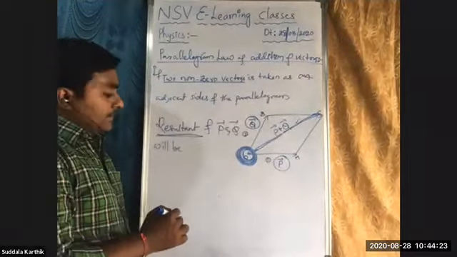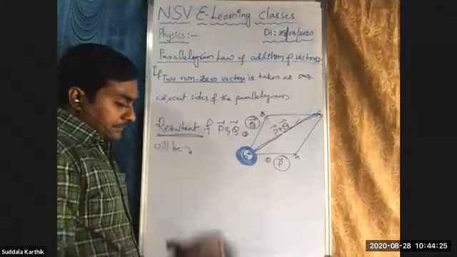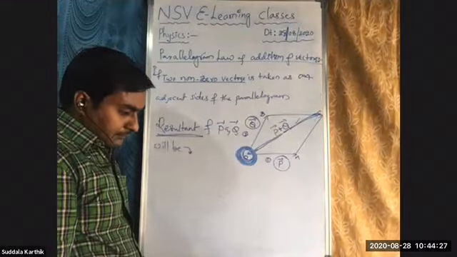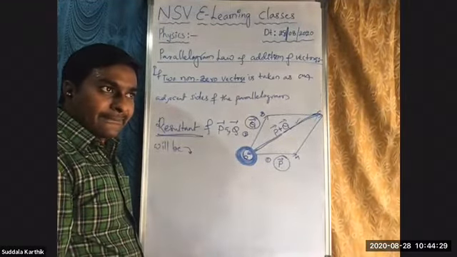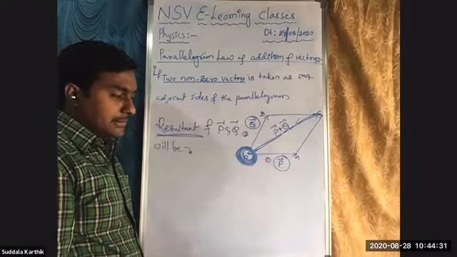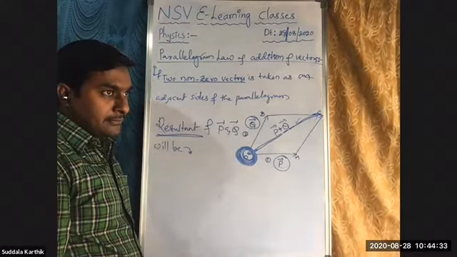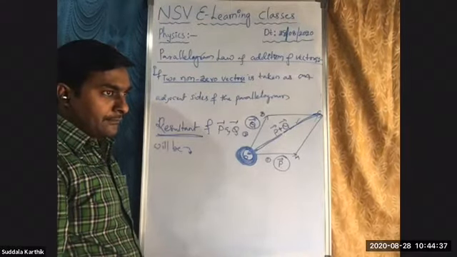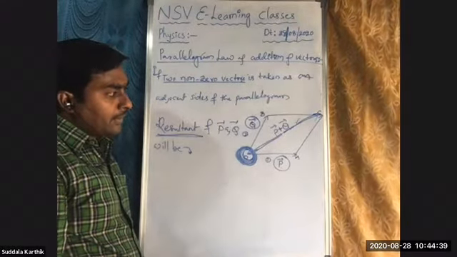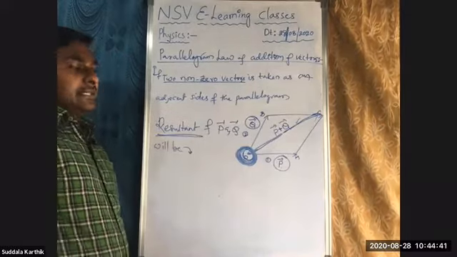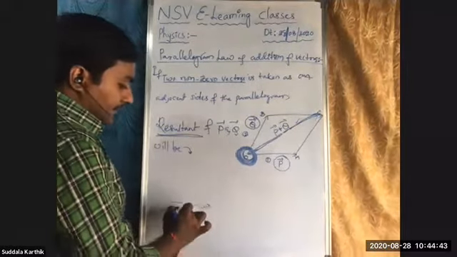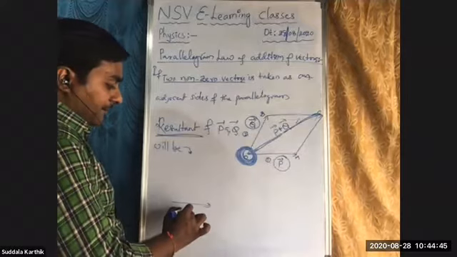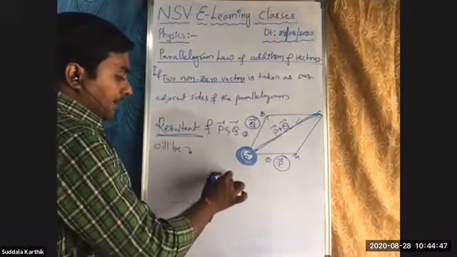Now a question: sir, in the triangle you took the adjacent sides as OA, OB, and the resultant side is AB. In the parallelogram also it should be AB. Why did you take OC? See here, let these vectors be A bar and B bar.